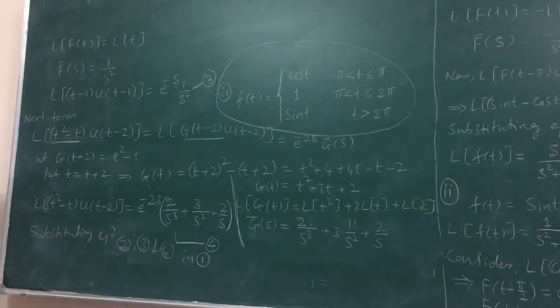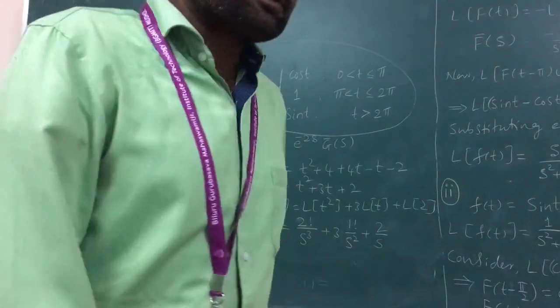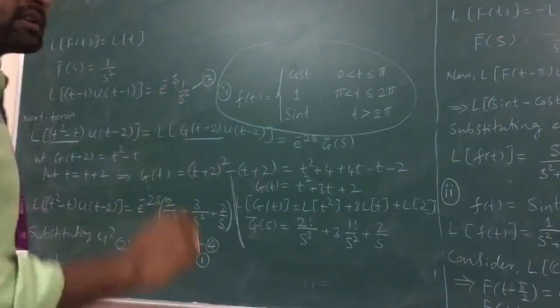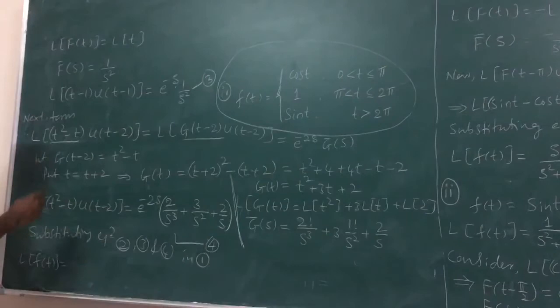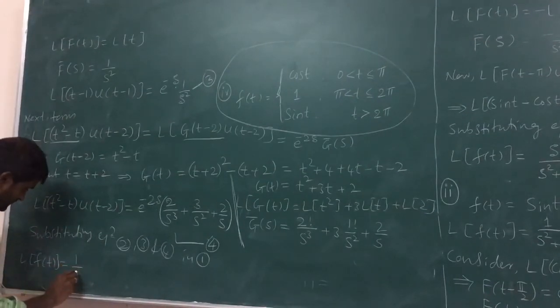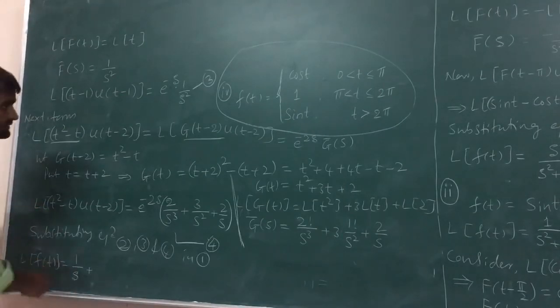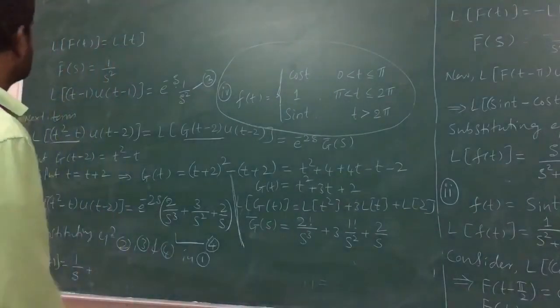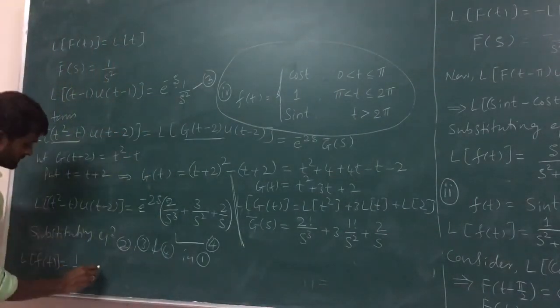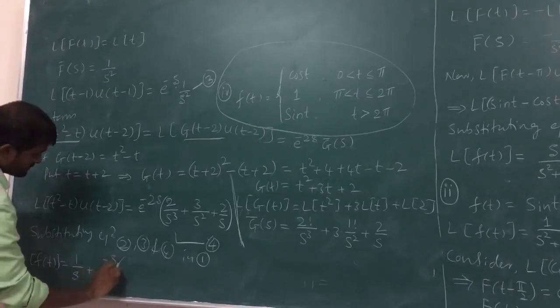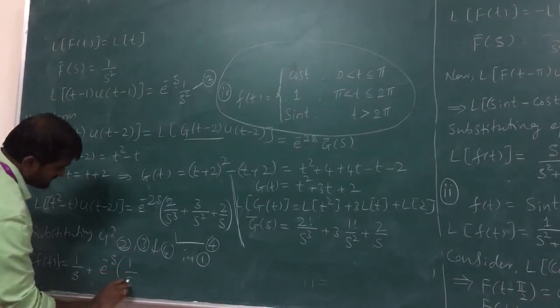So L of f of t equals: the first term, L of 1, from equation number 2, is 1 by s. Plus, equation number 3 is e raised to minus s into 1 by s cube.